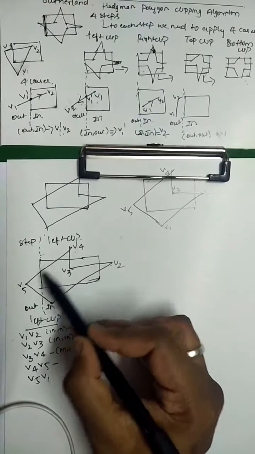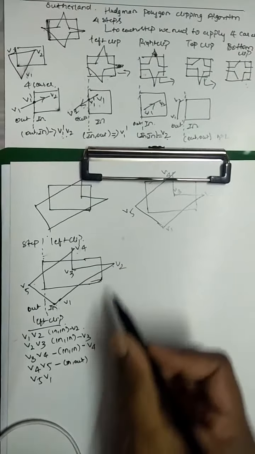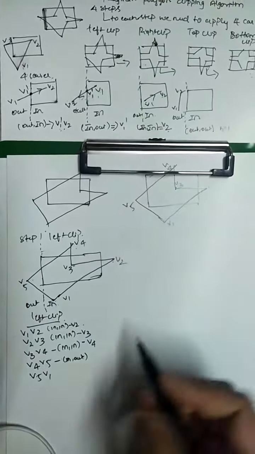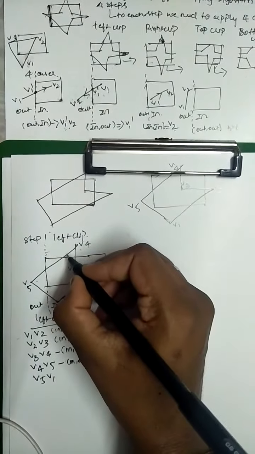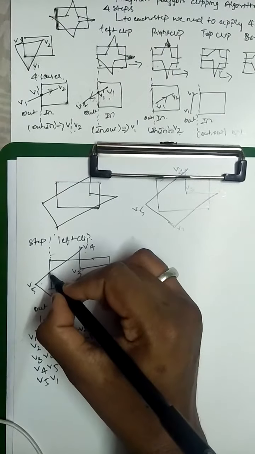v4 to v5, it is from in to out. If it is from in to out, I have to take the first vertex intermediate, that is v4 dash. So where should I take the v4 dash? Here or here?